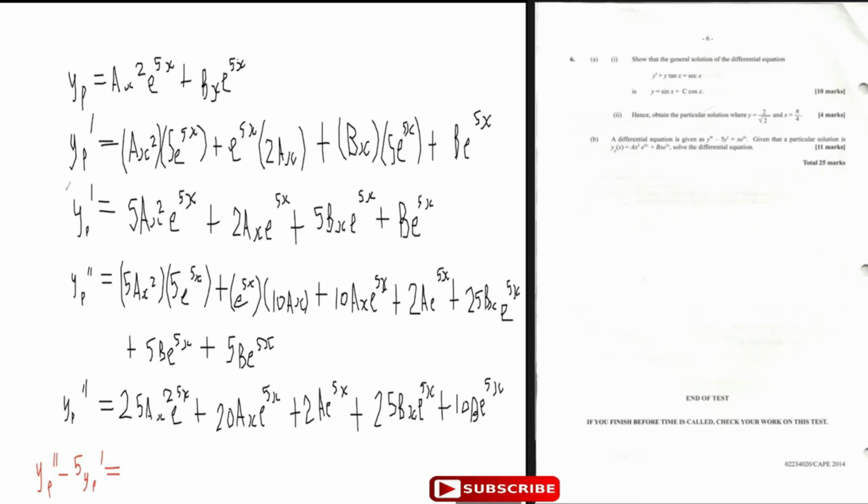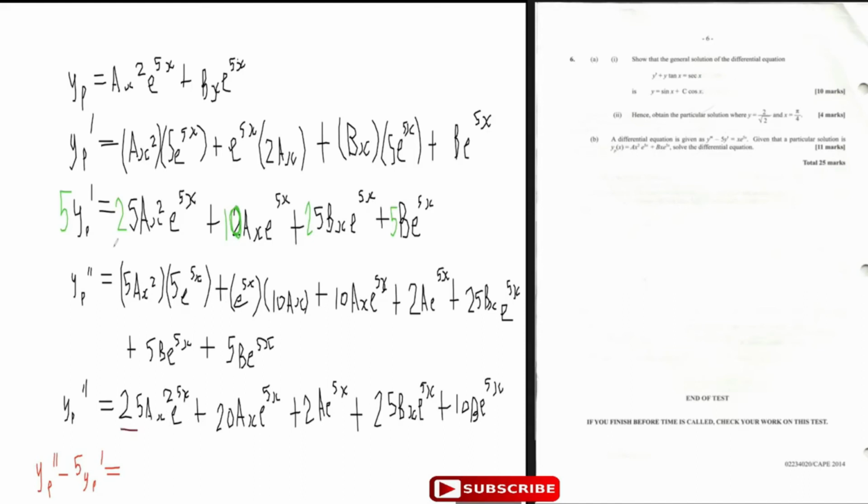If I multiply yp prime by 5, this becomes 25, this becomes 10, this becomes 25, and this becomes 5. All I did was multiply through by 5. Good. Now I'm able to subtract them.